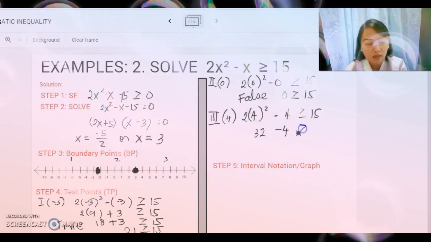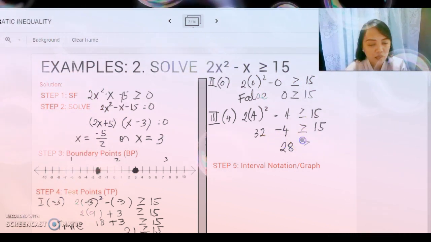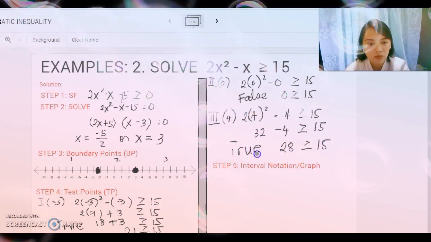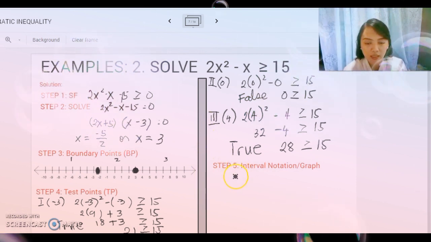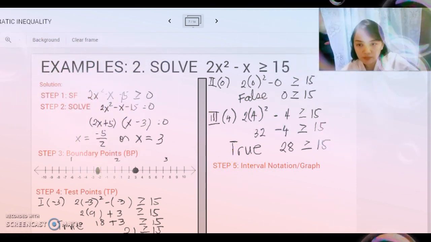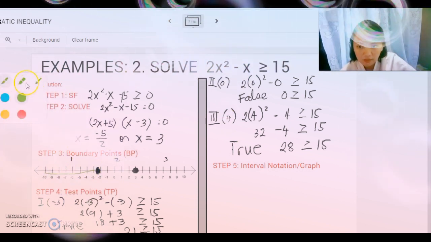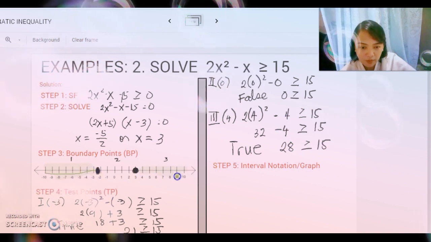Minus 4 is greater than or equal to 15. 32 minus 4 is positive 28. Is it greater than or equal to 15? Yes. So, true. Okay. So, ang interval notation natin is dalawa, tama? So, ibig sabihin, kung i-shade natin to, ibig sabihin, ito, tama. Tama to. Pati ito, tama.